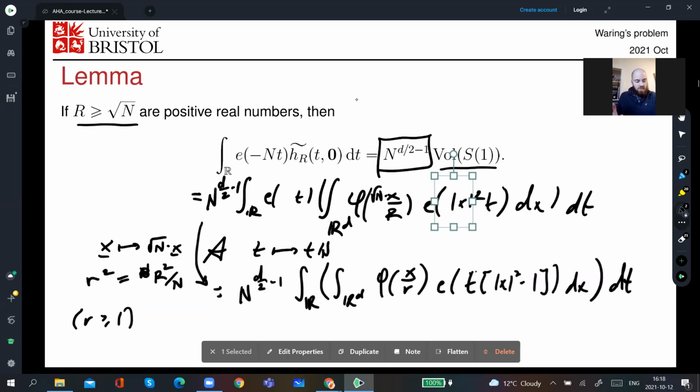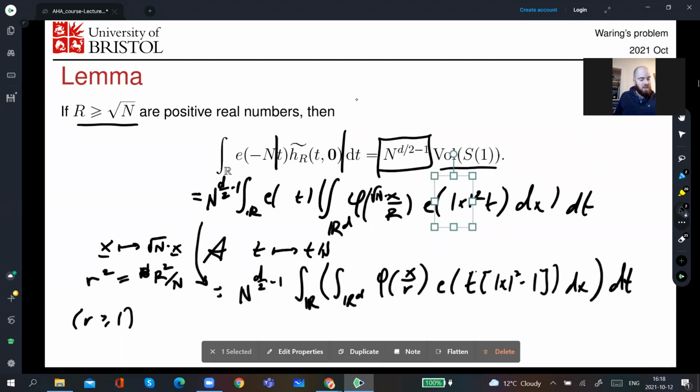Those changes of variables are fine because we've already shown that this integral is absolutely convergent in terms of the outer integral. This one, right, is absolutely convergent. And the inner one is also absolutely convergent for each fixed t.